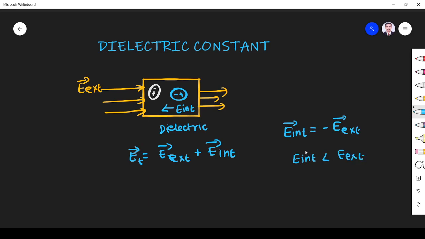It won't be equal like what we saw in a conductor. So E total is always less than E external, because it is E external minus E internal. The total electric field experienced by the dielectric is lesser than the external electric field.